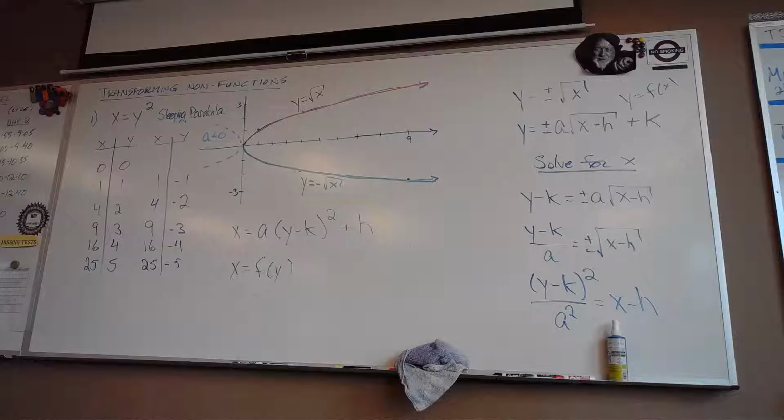What happens when you make A bigger? Does it get steeper this way, or does it get steeper this way? Does it get vertically steeper or horizontally steeper when you make A bigger? Anybody? A gets bigger.